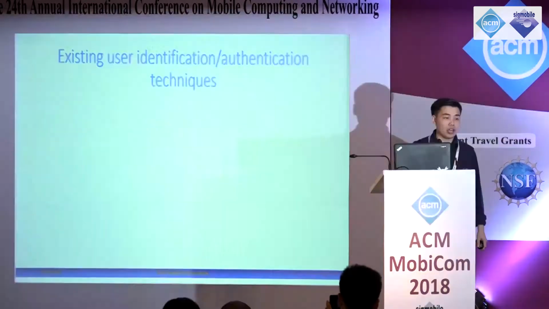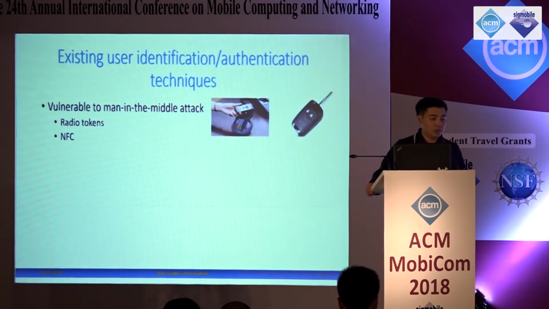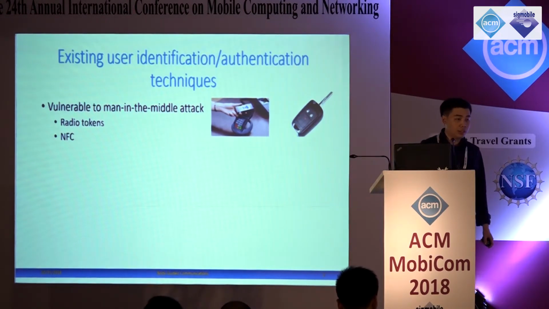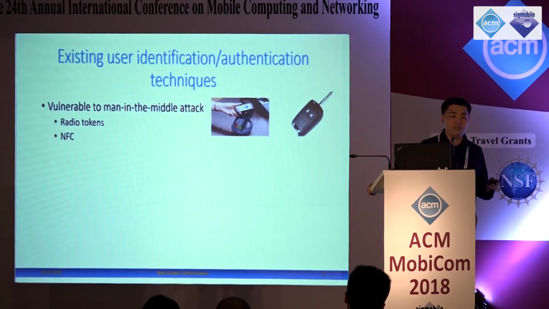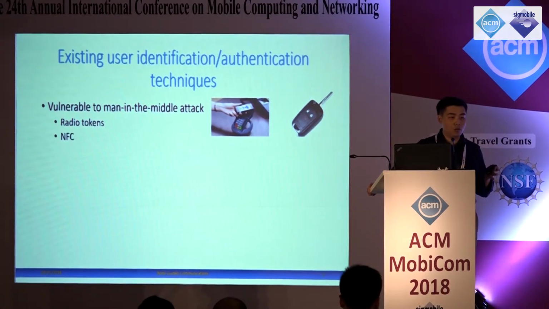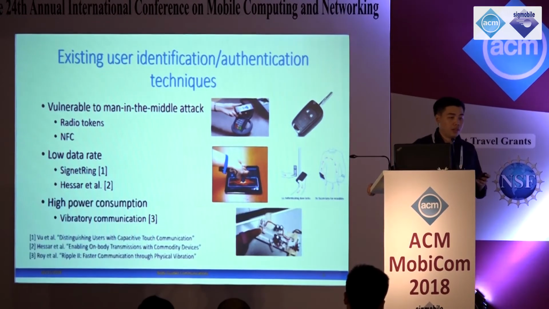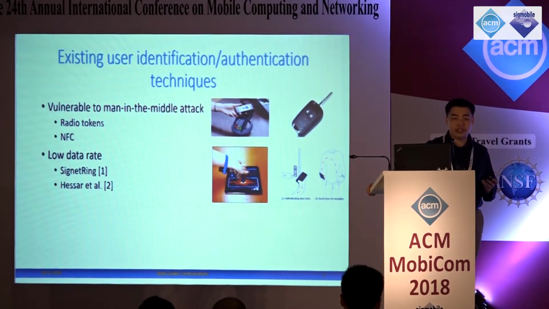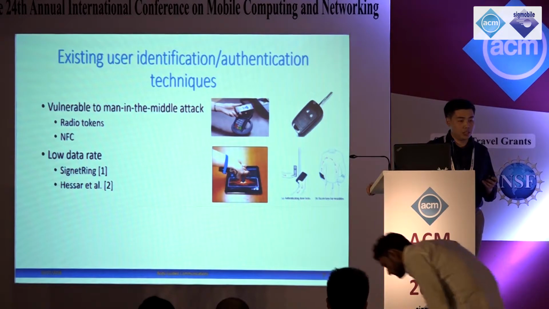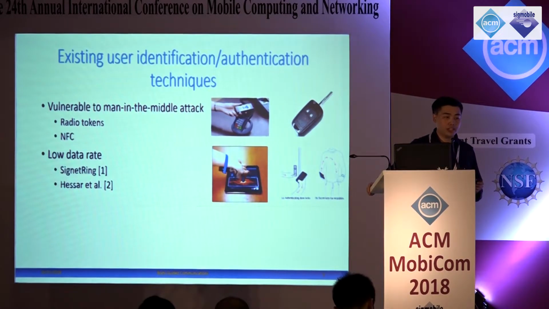So the existing user identification and authentication techniques have several disadvantages. Some of them, for example, RF and NFC, are vulnerable to man-in-the-middle attack because it is difficult to confine the signal because of the omnidirectional property of the wireless signal. And there's some work on touch-based authentication, but they have low data rates, so they cannot do per-touch authentication.